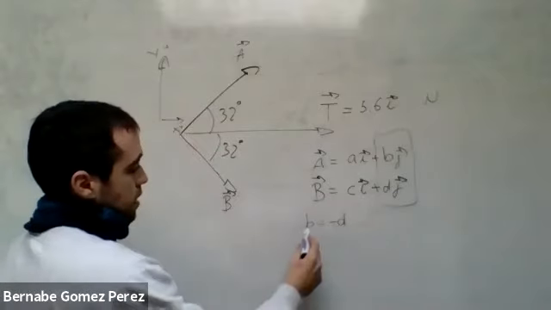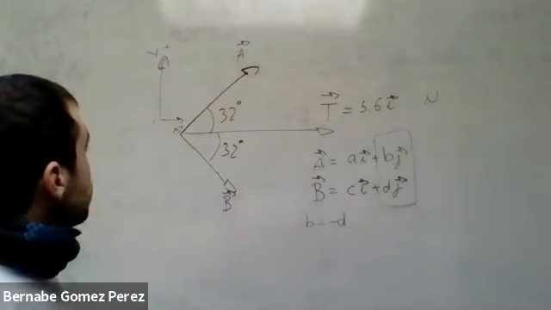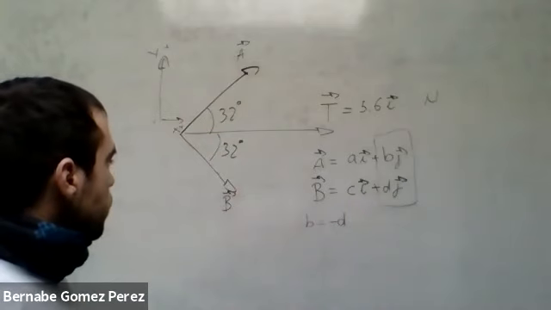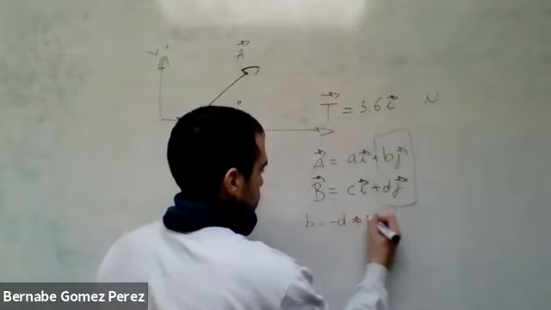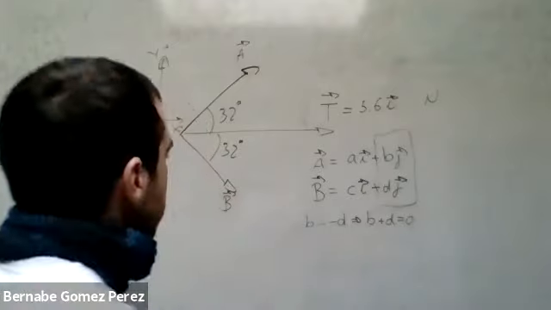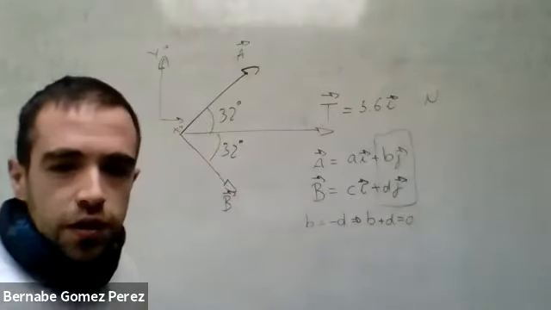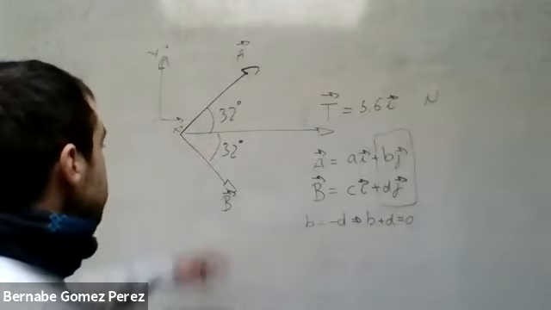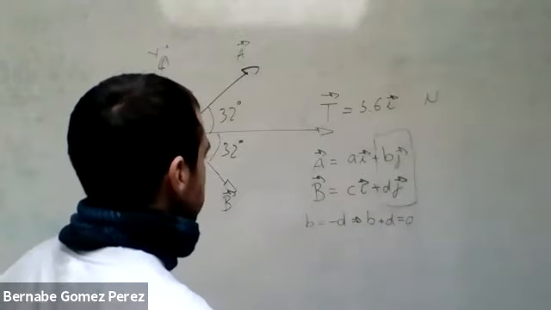So B is gonna be equal to minus D, which means that B plus D is equal to 0. Okay, so we can leave it like that because it actually doesn't, oh well, it matters because we are given an angle. Okay, sorry. So 32 degrees.